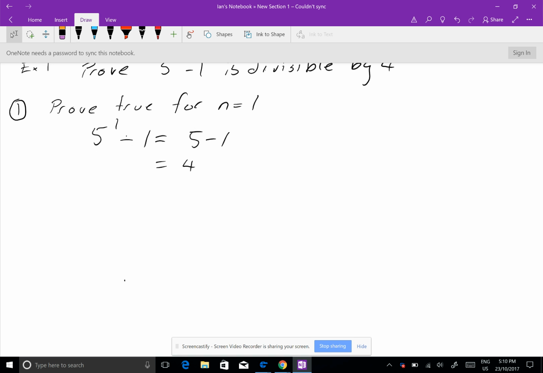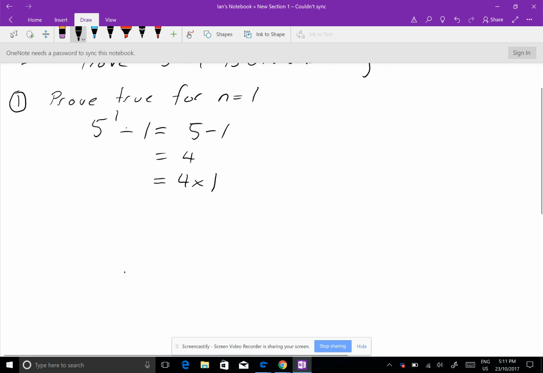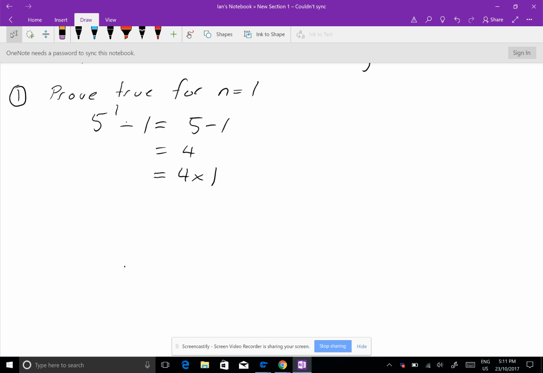And you're going to think, oh, I can just show that that's divisible by 4, but what we're going to do, because we're going to do this later, is to show that that's 4 times 1, which means our answer is a multiple of 4, and hence is divisible by 4. So true for n equals 1, because we showed it in this format.